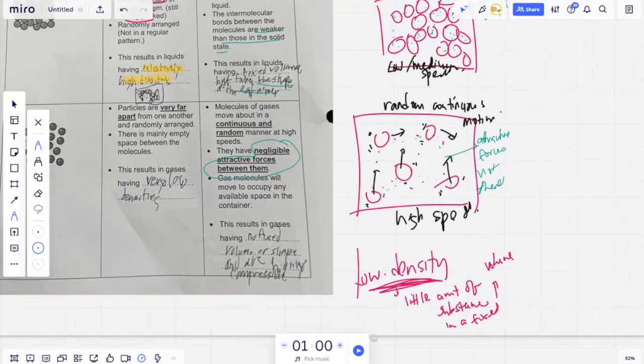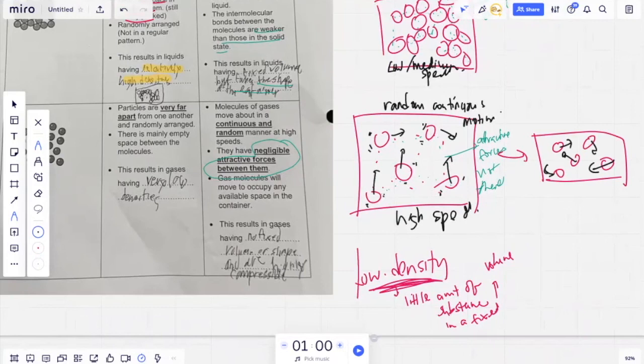Let's say now I have a smaller container. You see the container is significantly smaller. I have 1, 2, 3, 4, 5. What happens is they will go to the smaller container and take the shape and volume of the new container, and then continue to move with their own random motion.